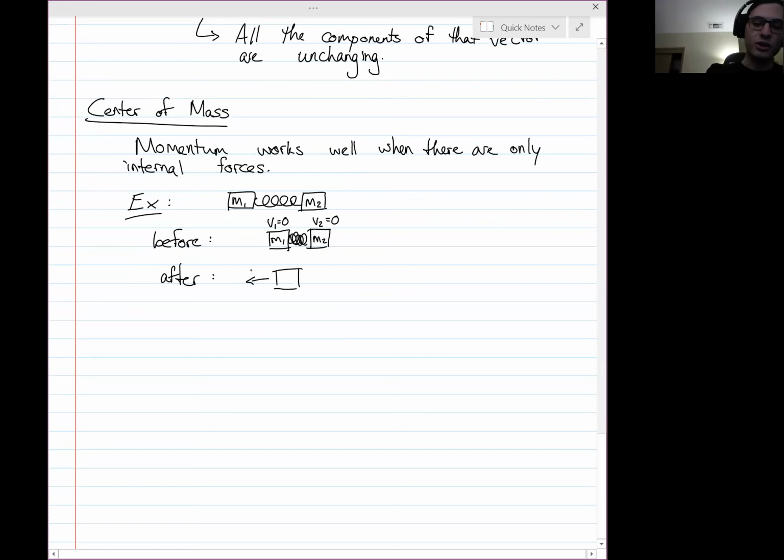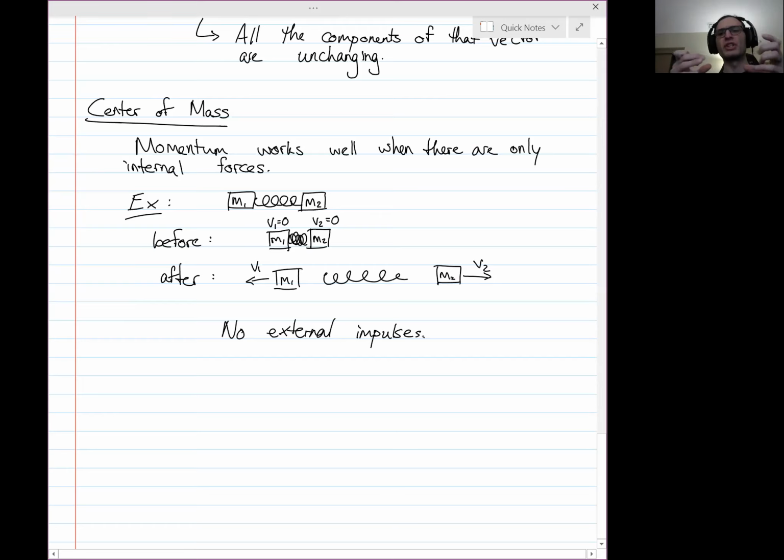After that, mass 1 goes out, you have the spring being nice and uncompressed, and then mass 2 goes out in the other direction, right? Your intuition should agree that that's what happens. And in this case, there are no external forces. If you consider the two masses and the spring to be your system, there are no external impulses because there are no external forces.